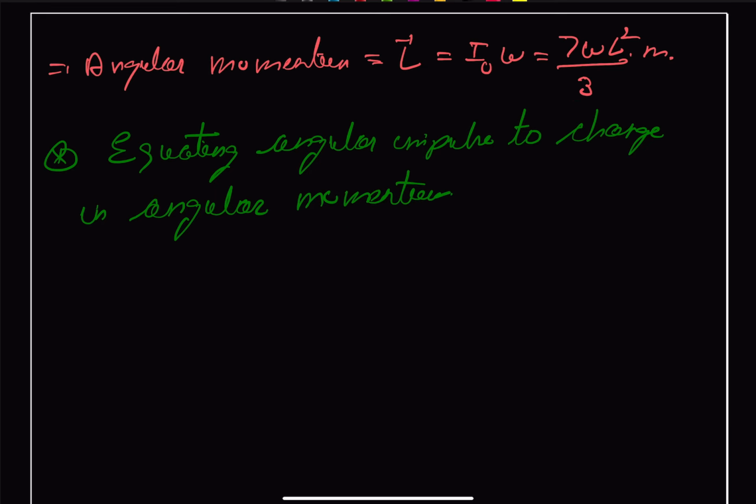So we get 3L by 2 plus L by N times P is equal to 7 omega L square by 3 times M.